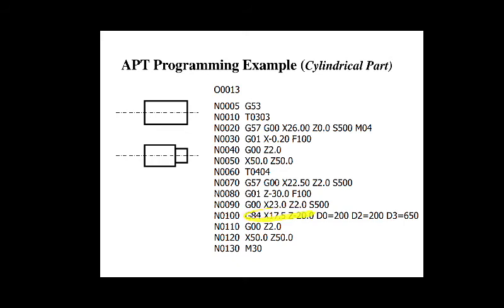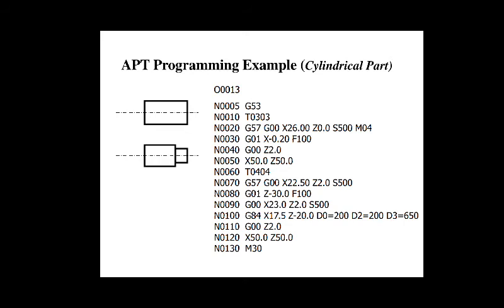Here if you see Z30, the turning is performed over here, and then in N0090 the tool moves rapidly away from the workpiece to this location.